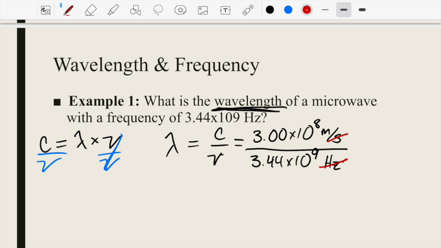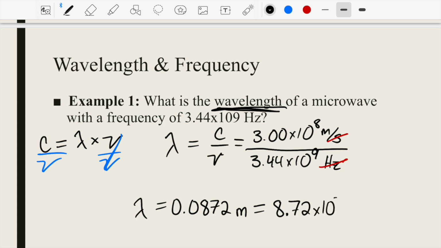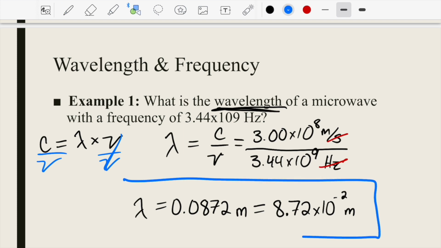Lastly, we just put this in our calculator. And we get a wavelength of 0.0872 meters, or if you put it in scientific notation, 8.72 times 10 to the -2 meters. Both of those would be acceptable as correct answers in this case.